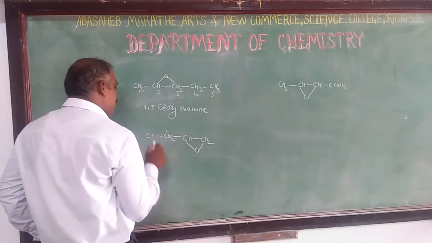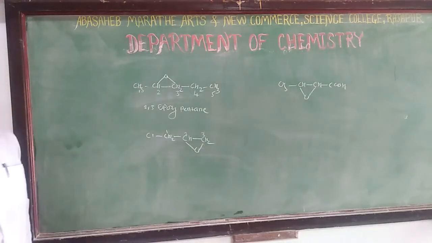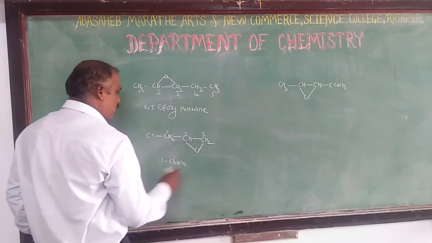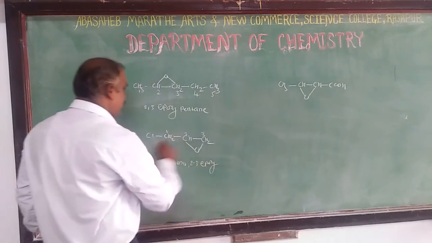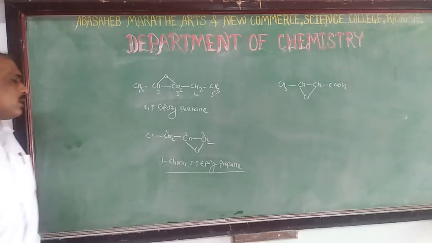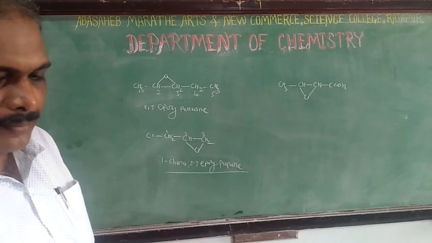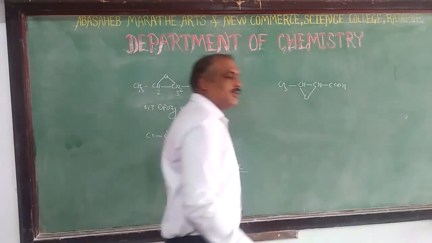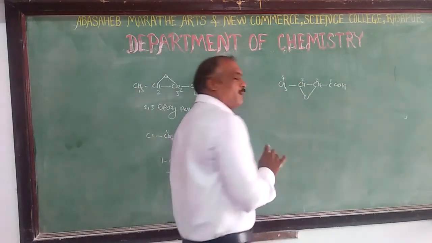Similarly, the numbering starts like this, 1, 2 and 3. So firstly we indicate the name of the substituent, 1-chloro, 2,3-epoxy, and then the name of the parent alkane is propane. 1-chloro-2,3-epoxypropane. Similarly, the numbering is given like this, starting from the carboxylic acid, so 1, 2, 3 and then 4.